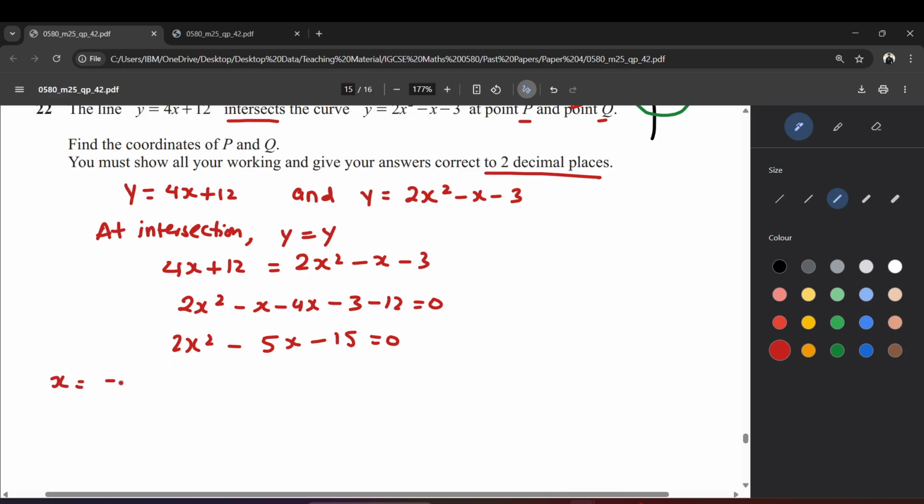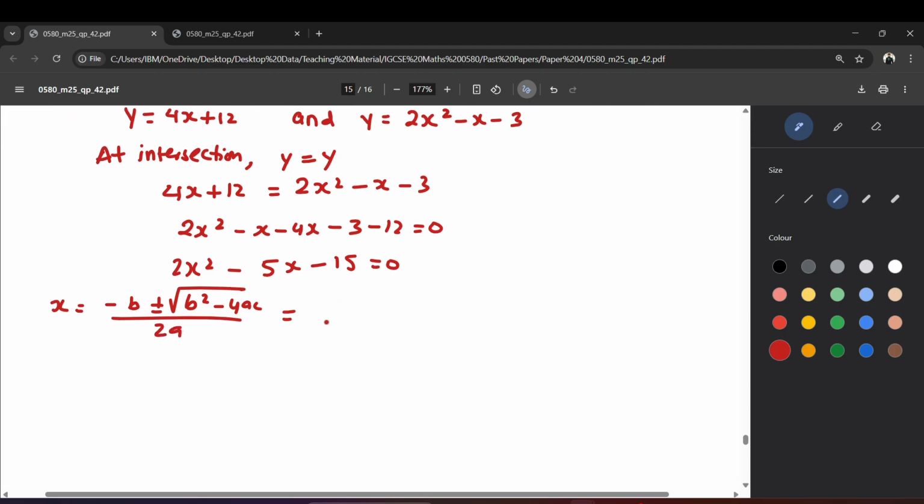So the quadratic formula is x equals minus b plus or minus the square root of b squared minus 4ac, divided by 2a. Here I'm going to work this out. We have minus b, plus or minus the square root of minus 5 squared minus 4 times a, which is 2, and c, which is minus 15.